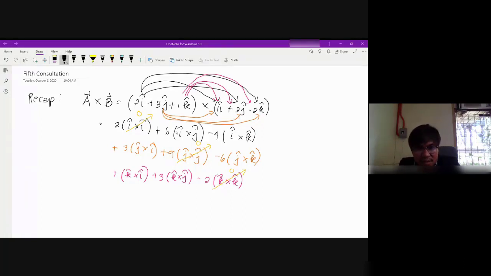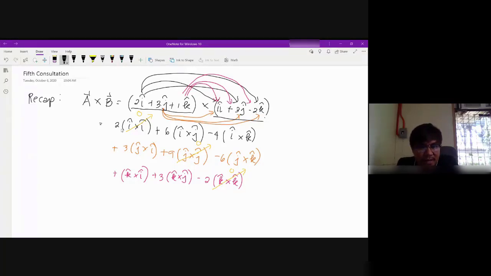I'm talking about first nga expression, na kay first term, second term, third term. Kaduha nga expression, na kay first term, second term, third term. So imong gibuhat kay imong distribute term by term. Finding the vector product by brute force.